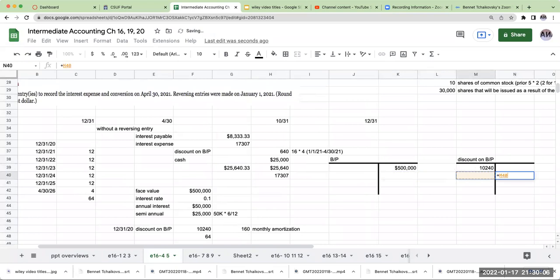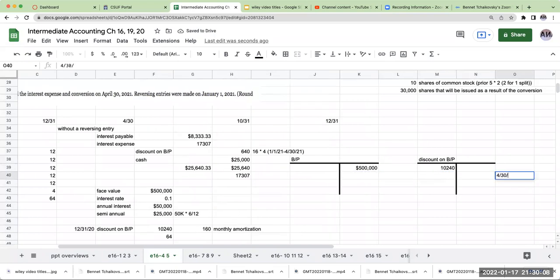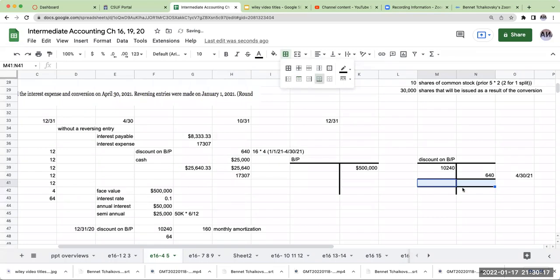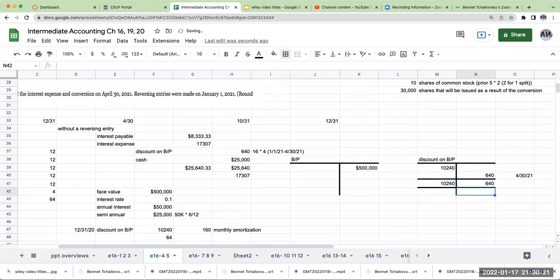We amortized 640 on 4/30 when we paid that interest. So when the bond was being converted, my unamortized discount was 9,600.